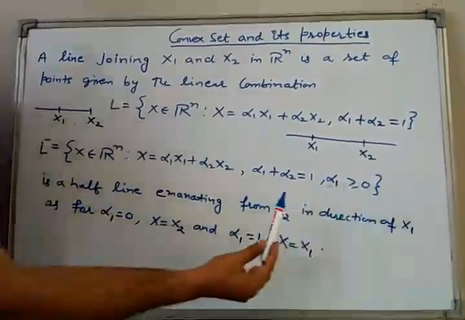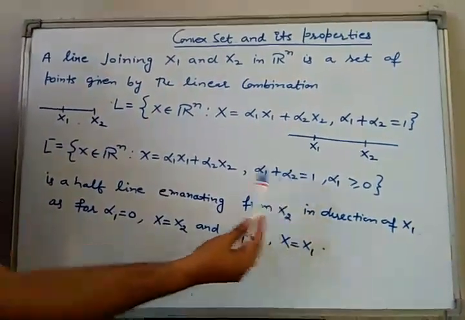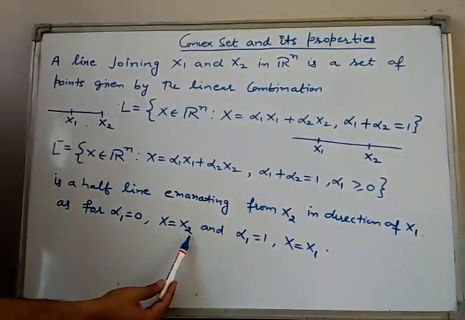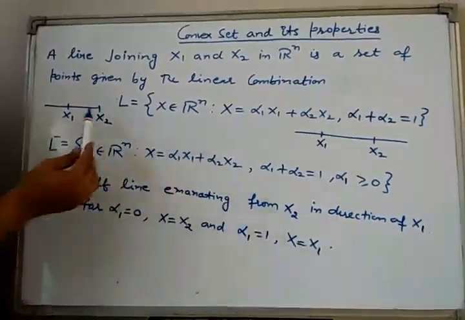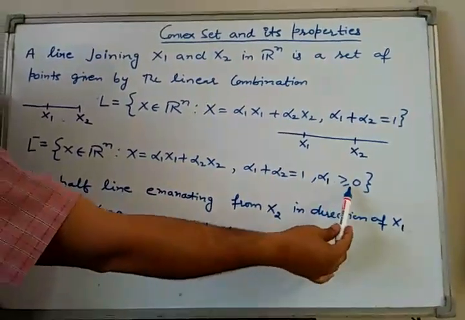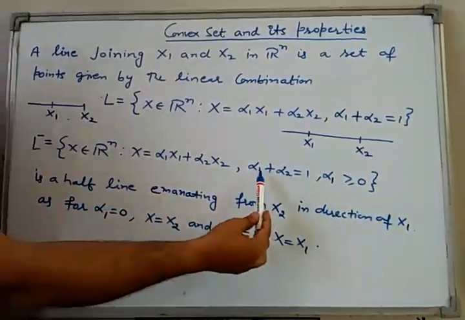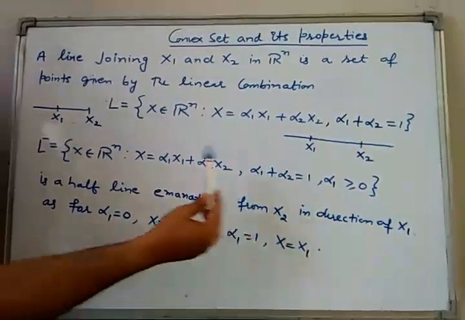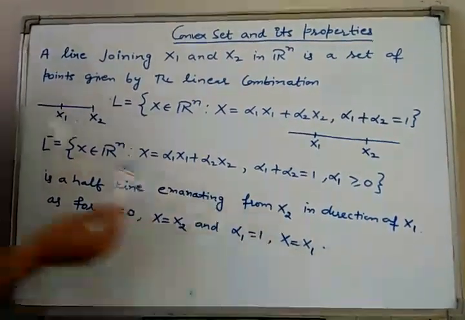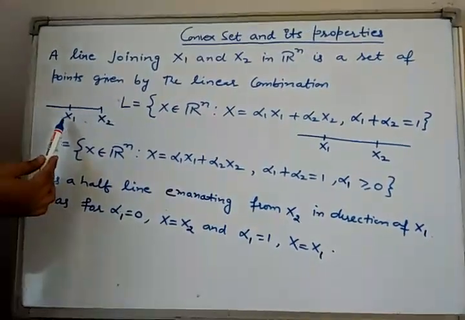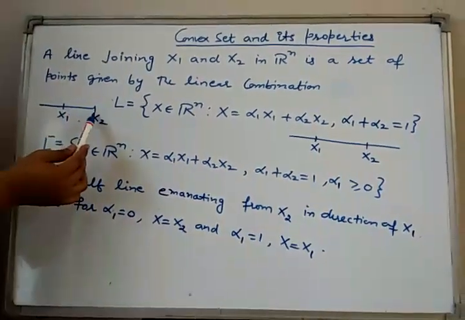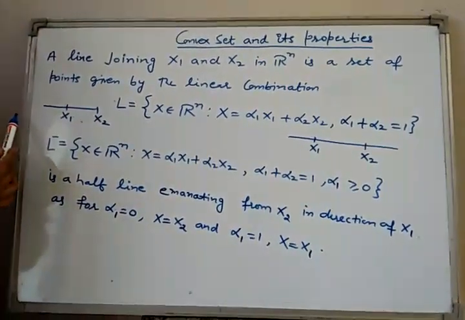The least value of alpha 1 is 0. If alpha 1 is 0, then alpha 2 is 1, and we get x equal to x2. Therefore, this half line is emanating from x2. If we take the next value of alpha 1 as 1, then alpha 2 is 0, and we get x equal to x1. Therefore, this is the equation of the half line emanating from x2 in the direction of x1.